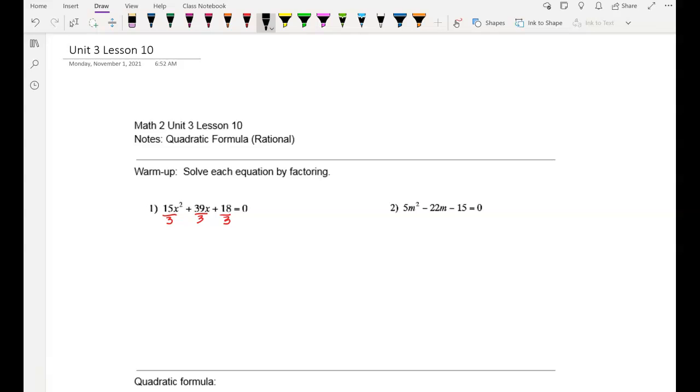So this is really 3 times (5x squared plus 13x plus 6) equals 0. So my A, I should be using 5, B 13, C 6.